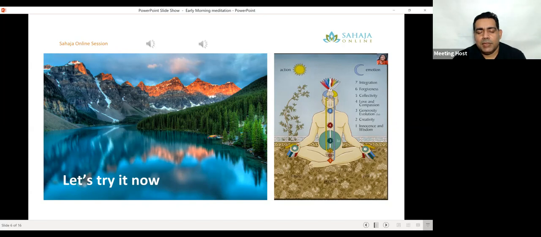For the left channel balancing, we are going to take our right hand away from our laps, make it face down towards the ground, palms facing downwards, by our right side. If you're sitting on the ground, then your hands will touch the ground.